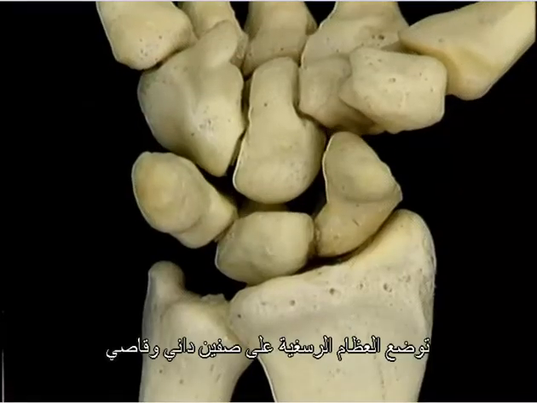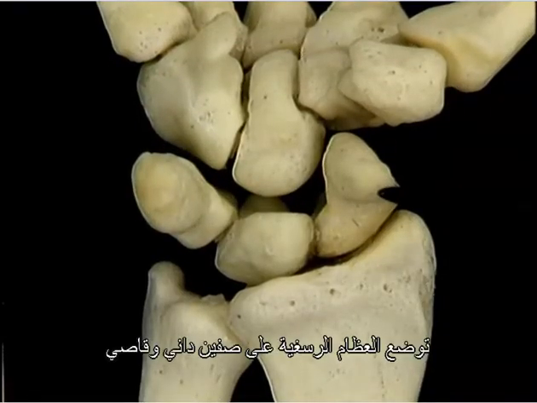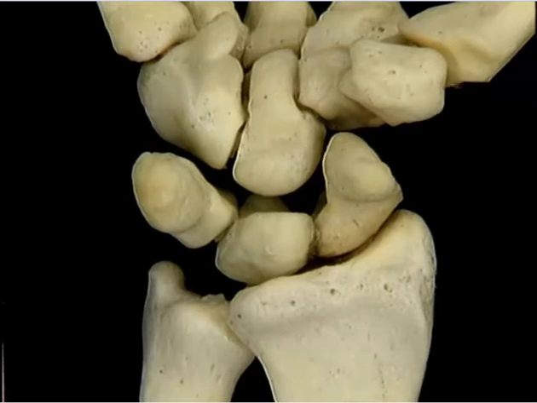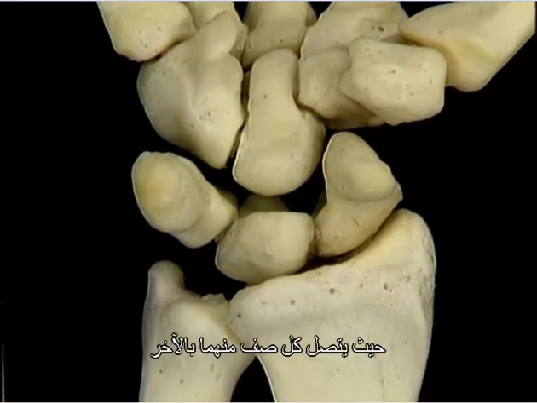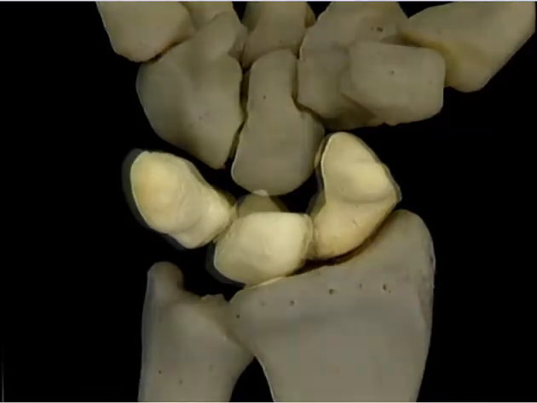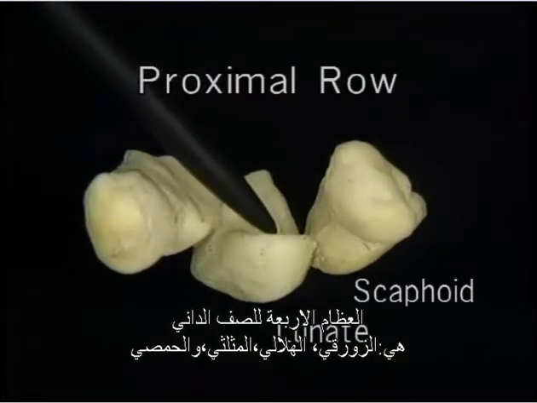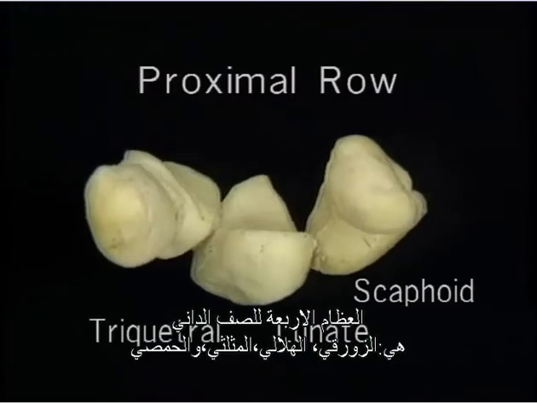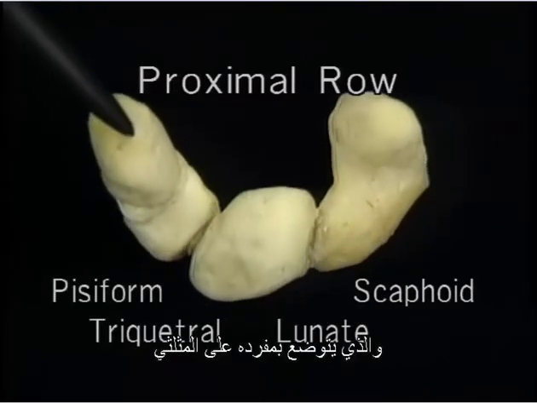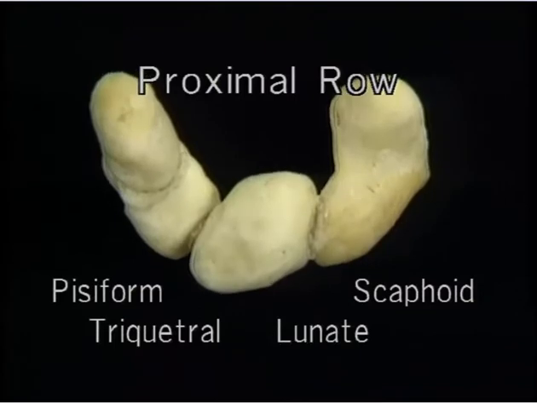The carpal bones are in two rows, a proximal and a distal. The bones in each row are attached closely to one another. The four bones of the proximal row are the scaphoid, the lunate, the triquetral, and the pisiform, which sits by itself on the triquetral.